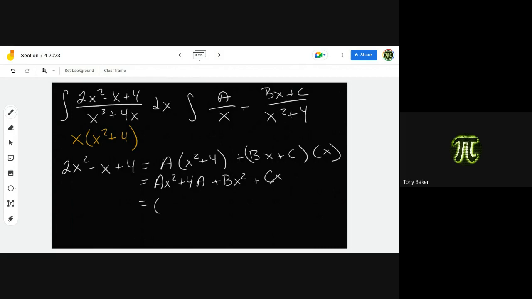So I have a plus b x squared plus cx plus 4a, and that equals 2x squared minus x plus 4.